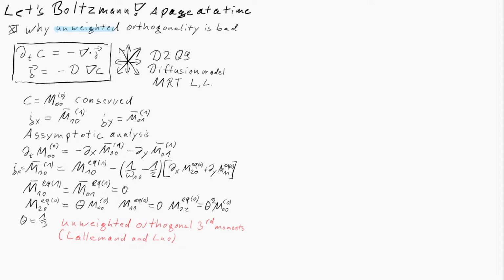So then they define in their matrix a moment Qx, which is composed of the third order moment 3 times the moment 1, 1, 2 minus 2 times the first order moment 1, 0. So this is the unweighted orthogonalization of the third order moment.